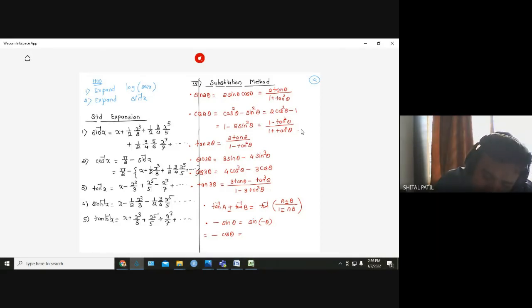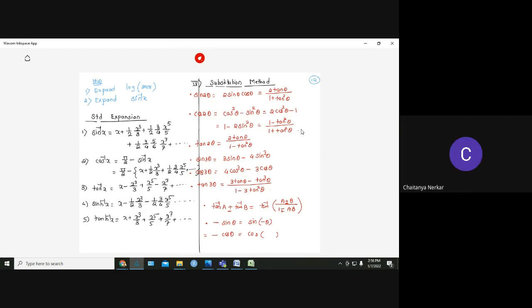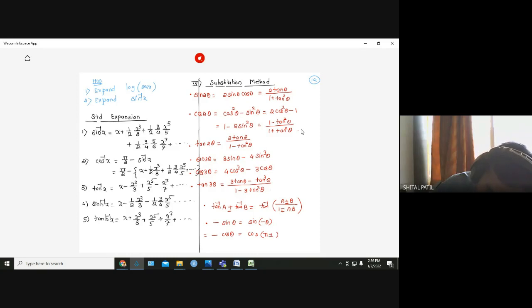So what should the angle be so that it will be minus cos theta? Pi minus theta. Pi plus or minus, both will work: pi plus or minus theta.